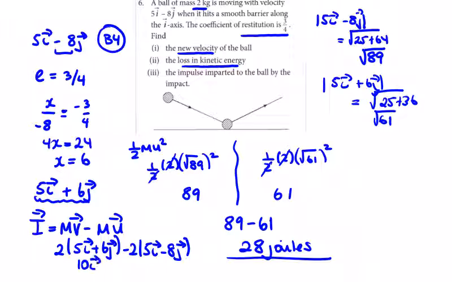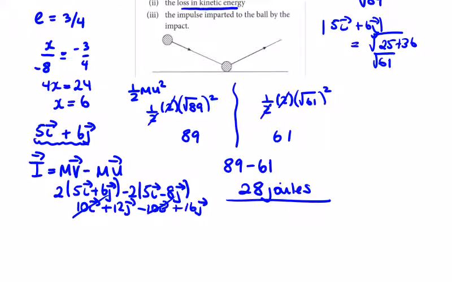So we're going to get 10i plus 12j minus 10i plus 16j. So the impulse imparted to the ball by the impact is equal to 28j, measured in Newton seconds.